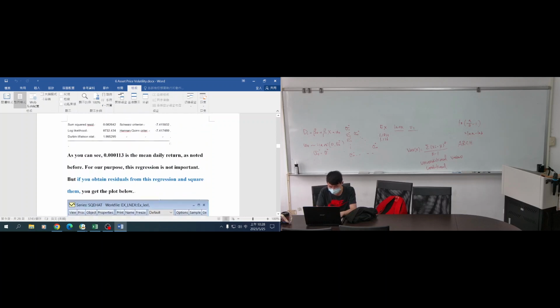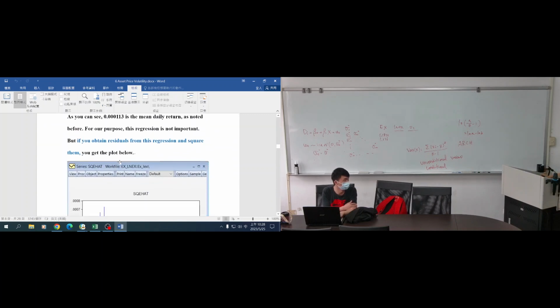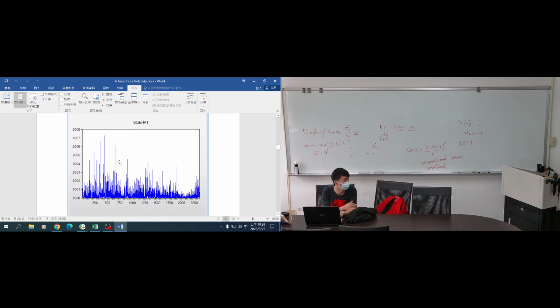Look at this diagram. If I run the regression, I will have the error terms, and the diagram looks like this.